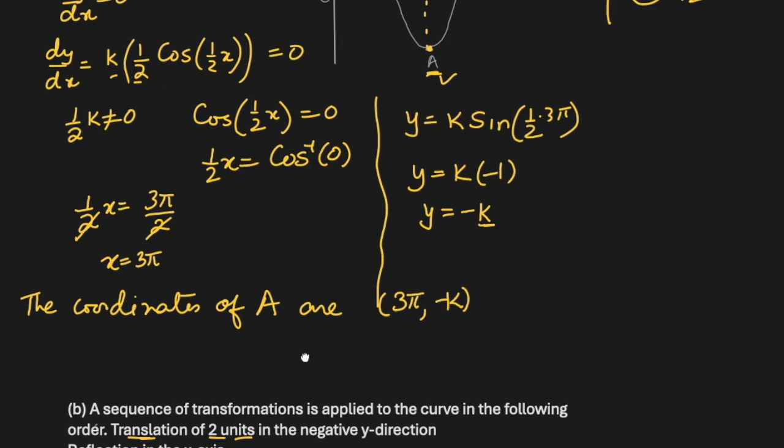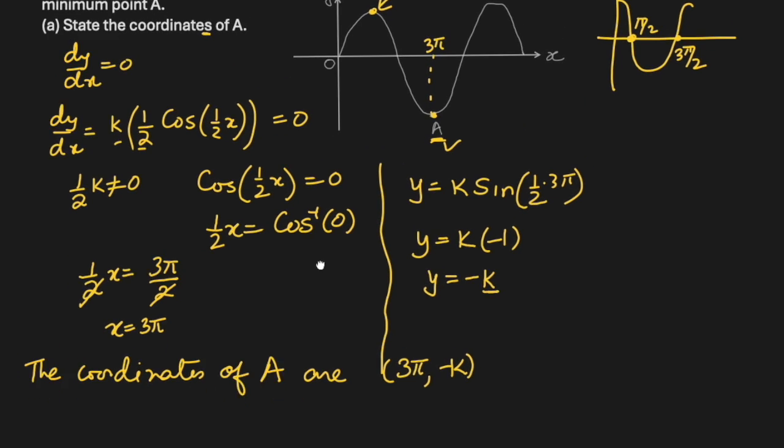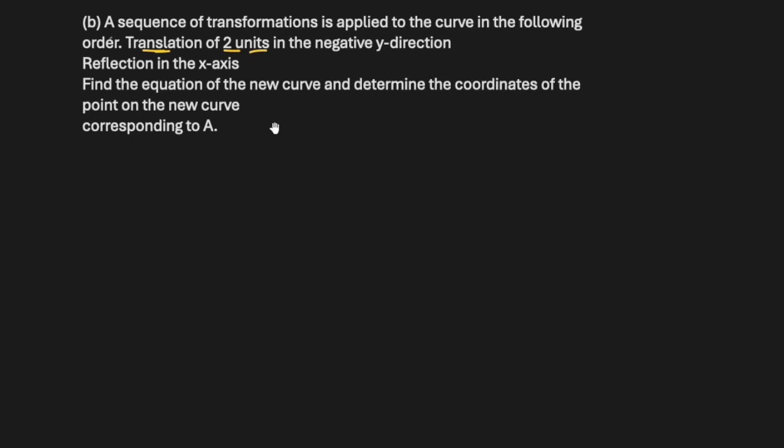Our equation is y equal to k sine half x. X was 3 pi at A. So this is our equation, right? We have to translate it by 2 units first, in the negative y direction, meaning down. So minus 2, it is translated down 2 units. Let's call it the transformed function.